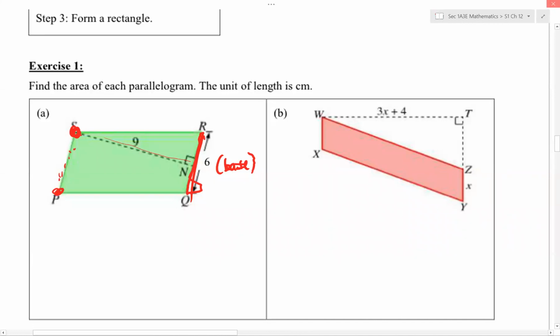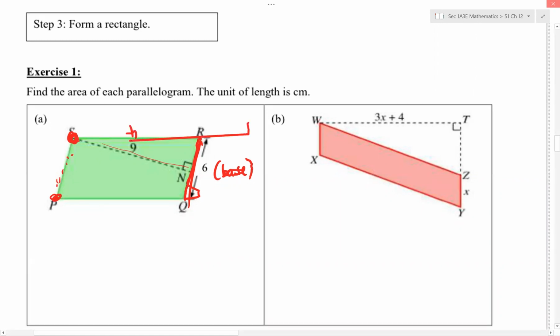The distance formed will be your perpendicular height. So this 9 will be our perpendicular height when QR is our base.